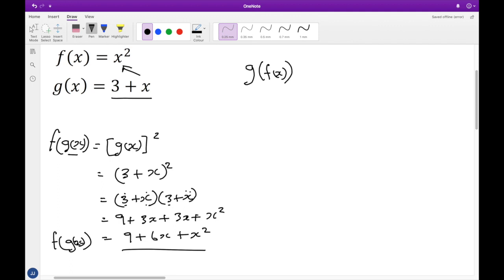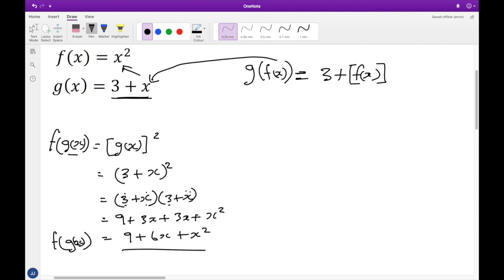So you see in here that I have the g with the brackets, and I have this value inside of the brackets, and I am just going to take this value and substitute it anywhere I have x, right, in the g formula. So the g of x being 3 plus x means that the g of f of x would be 3 plus, I would put f of x anywhere I see x, right?